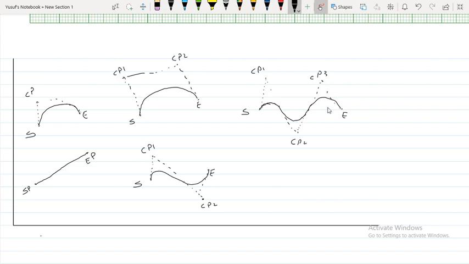The shape of the curve will be like this. So the curve's shape we can change by using the control points' positions. So by using the information of start point, end point, and the control points, we can construct the curve.